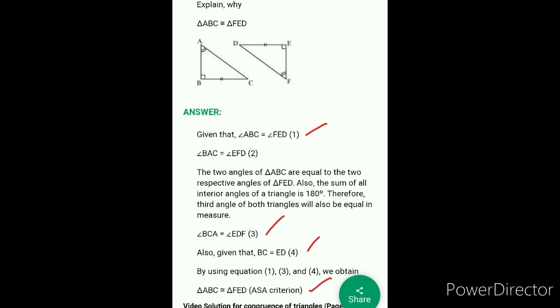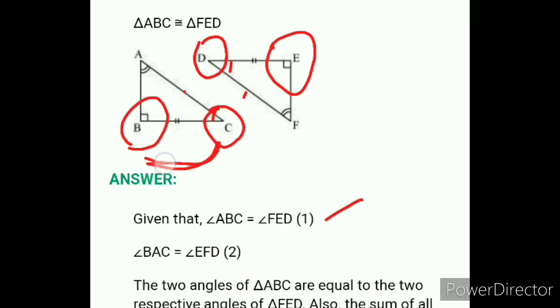It is a right angle triangle, but for AC hypotenuse and DF hypotenuse, no similarity is shown, that's why we cannot apply that. So we are applying the ASA criterion. This angle is equal, no, so angle B is equal to this angle, and C equal to D, in between this side BC, here also in between the side DE.